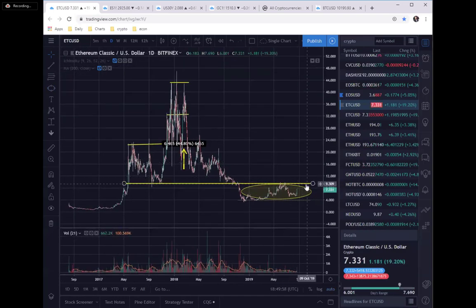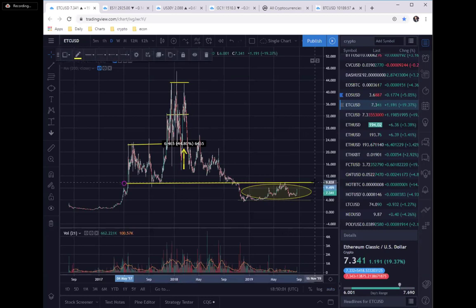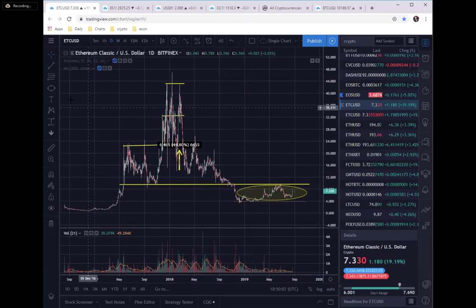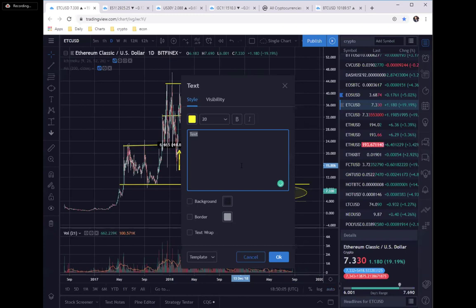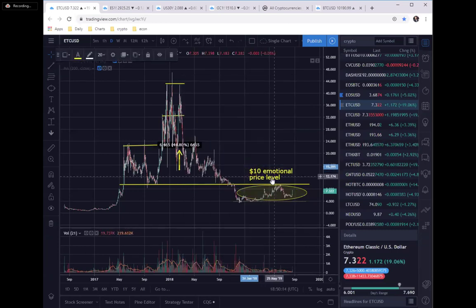But the main thing we want to look for is the difference between a lower high dead cat bounce versus a follow-through breakout with some momentum into another alt season. A real alt season will have some momentum after the breakouts, right?